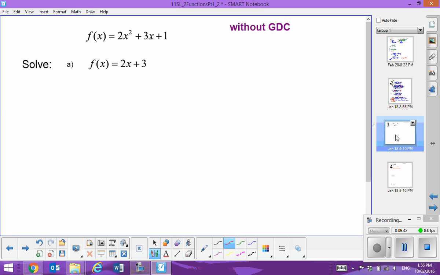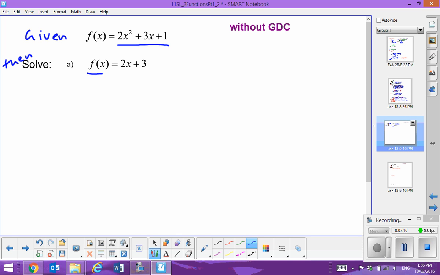What we want to now do is look at some calculations involving this f of x notation. So we're taking the same f of x function, but now we're asked to solve f of x equal to 2x plus 3. So in an IB question, it would be something like, given f of x equals this, then solve f of x equal to 2x plus 3.